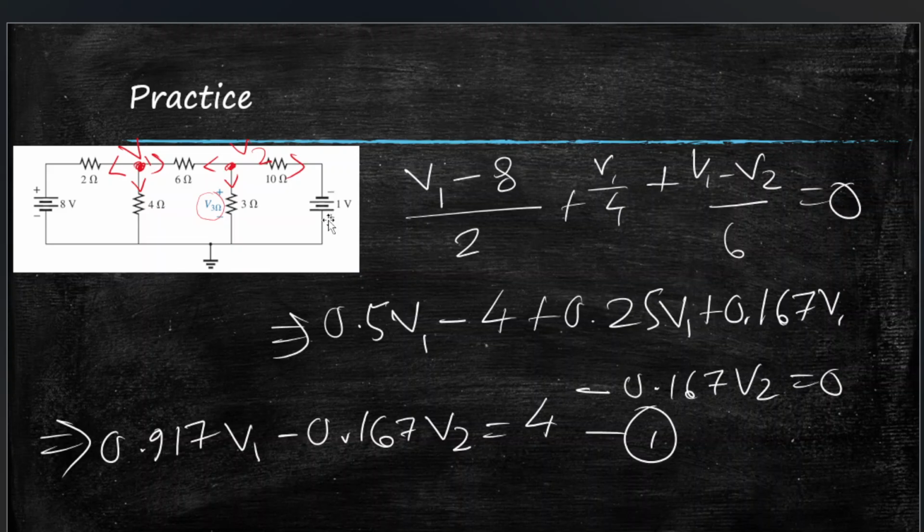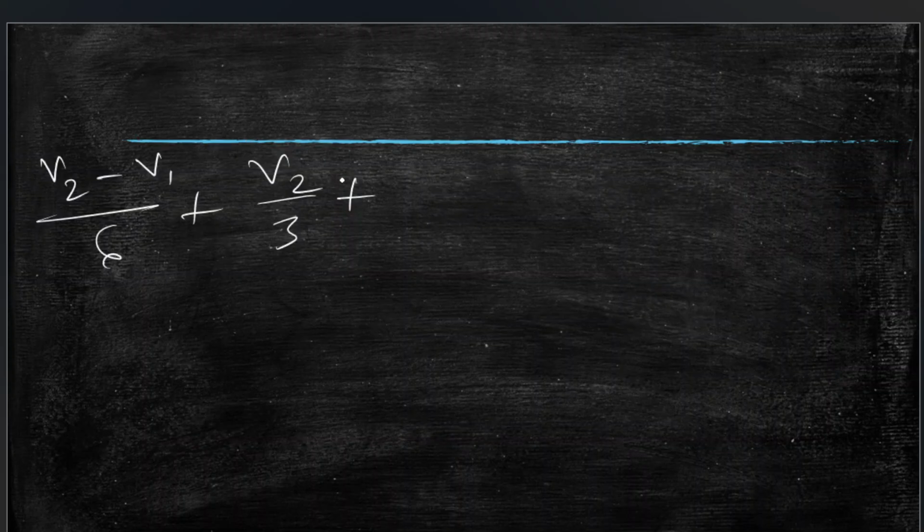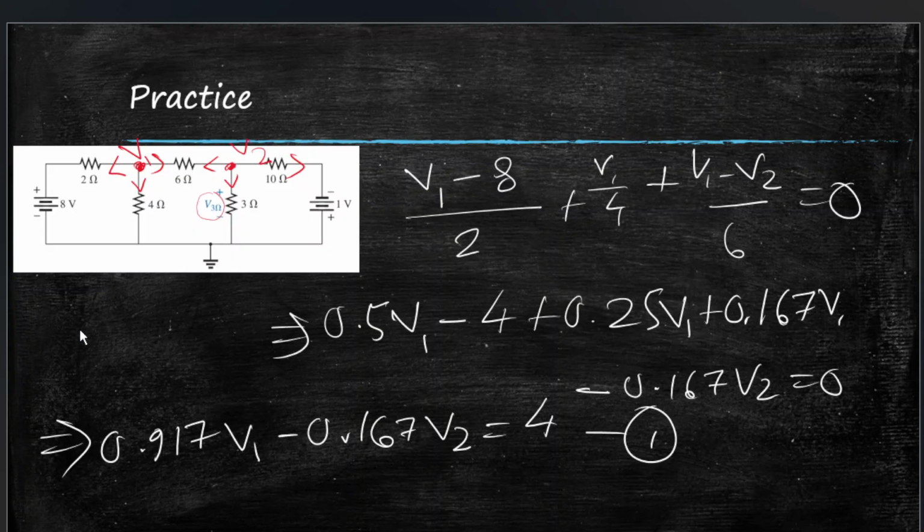It will be V2 plus 1 here because the current enters through the positive and negative side, so we put a plus in the equation. All exits are equal to 0.